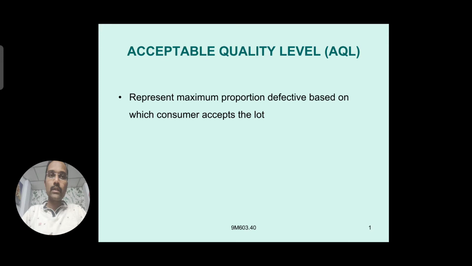Okay, so you see the statements regarding that. What is the acceptable quality level? In this case, the consumer will accept the lot. Why? Because at this level, the rejections or the defective parts identified are very few. So the chance of acceptance by the consumer of that particular lot is more.